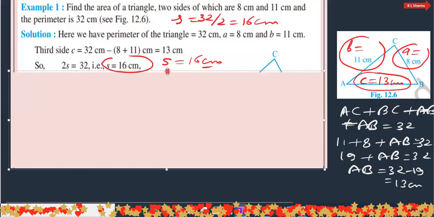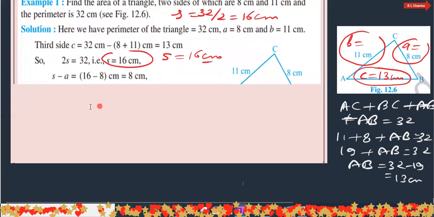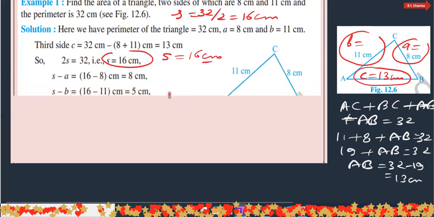Now we need s minus a, s minus b, s minus c. So see here, s is 16 and a is 8. So s minus a, that is 16 minus 8, that is 8 centimeters. Now we have to calculate s minus b.